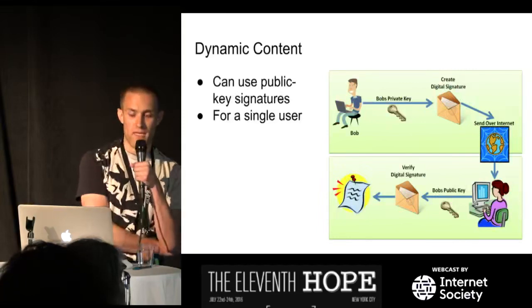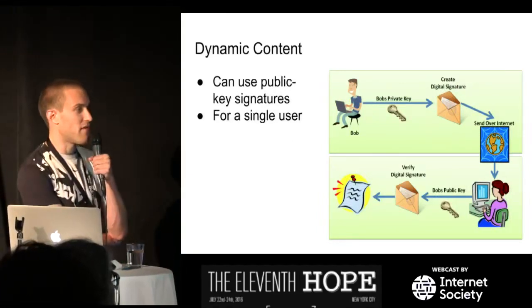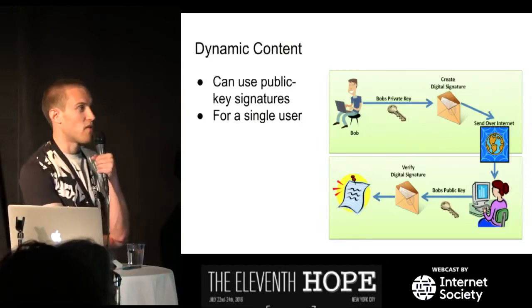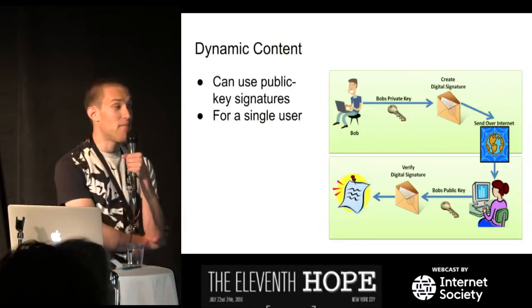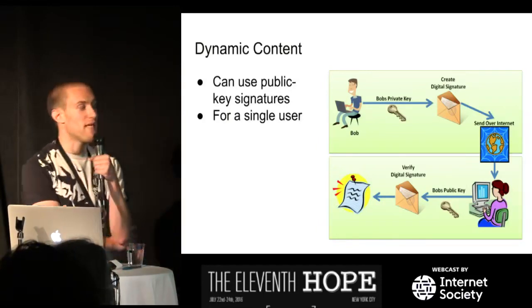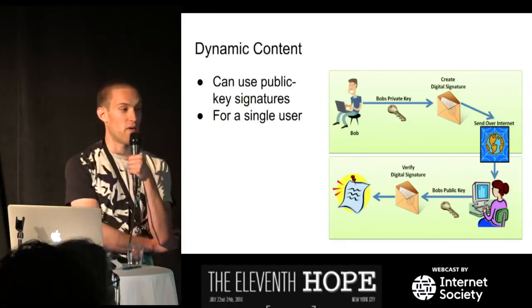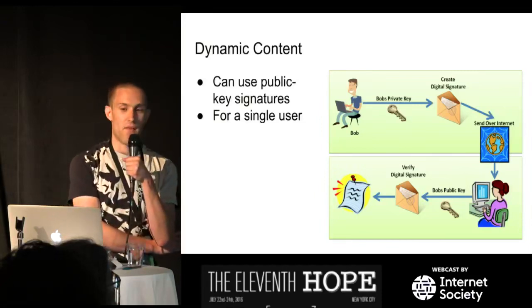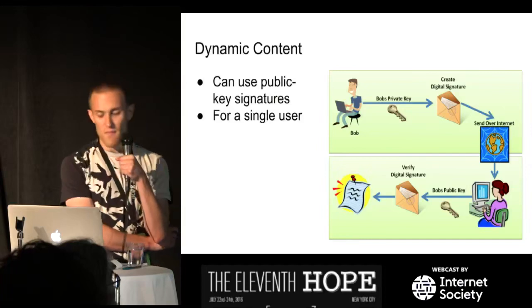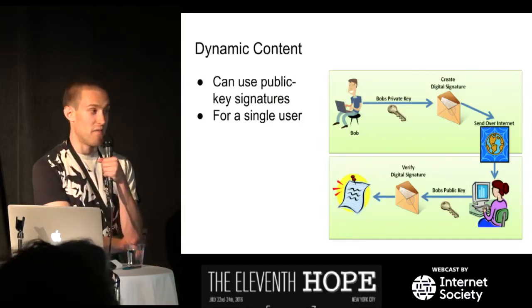One tool that's going to be really helpful for this is called public key cryptography. Generally how this works, let's say Bob generates a cryptographic key pair with a private key and public key. He gives the public key out freely, but he doesn't show anyone the private key. And when he wants to write something, he can sign it using his private key and distribute it.